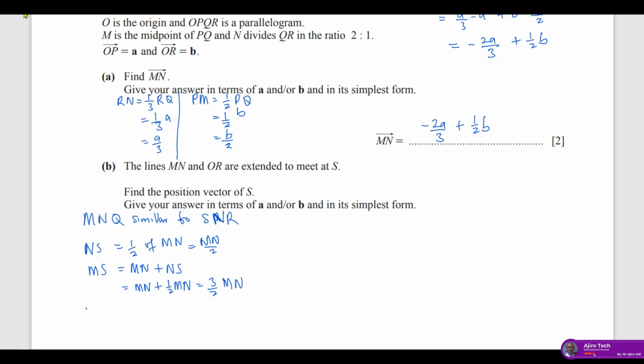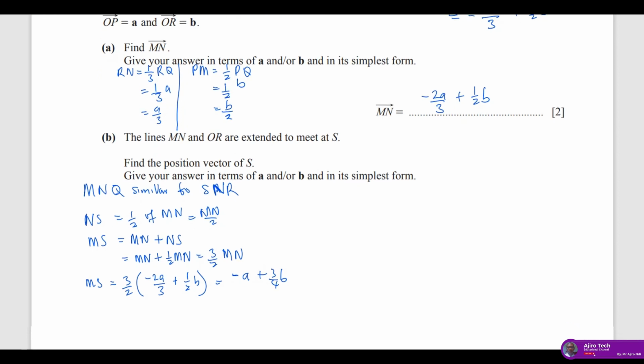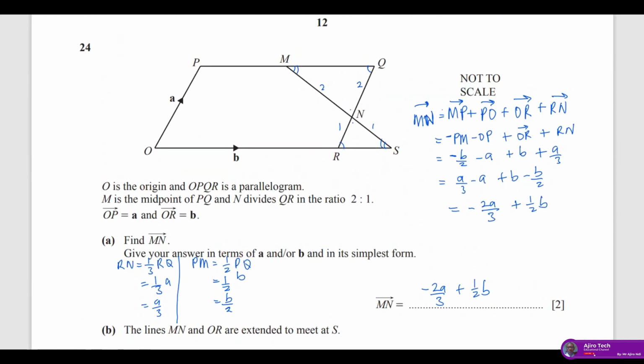So I know that MS is 3 over 2 multiplied by minus 2A over 3 plus half B. That gives us minus A plus 3 over 4 B. That's MS.